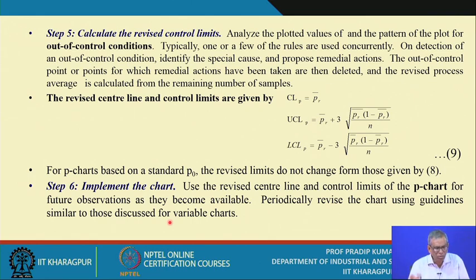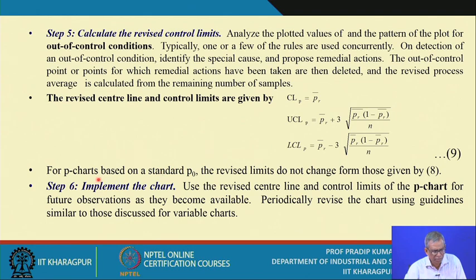Okay. Now with the remaining points, again you calculate the revised central line. You use the same formula. The only thing is this value will be different because you have already removed those points which were found as out of control points in the list, and similarly the upper control limit and lower control limit. Is it okay?